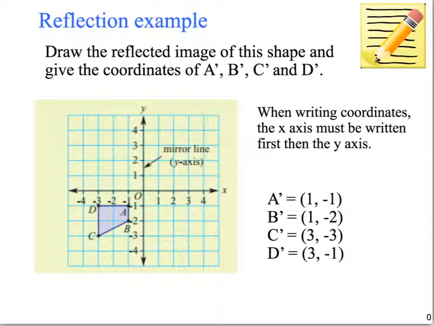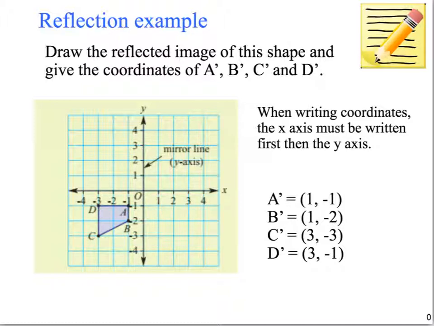You can reflect the image over either axis, so you can either reflect it over the x-axis, which means you would reflect it this way. Otherwise, if you reflect it over the y-axis, you would reflect the image across ways, so right or left, instead of up or down for the x-axis.